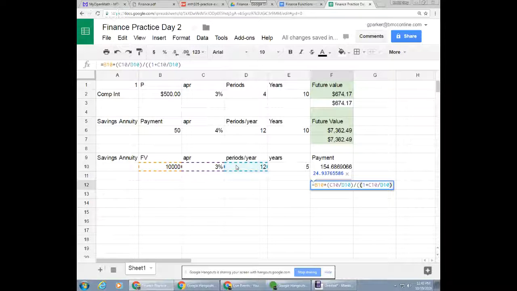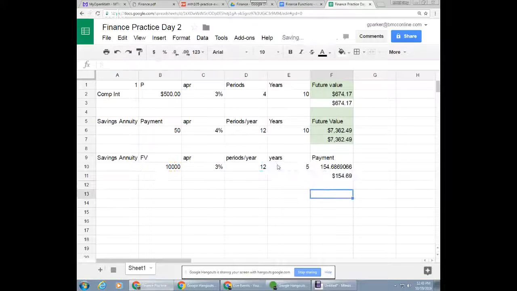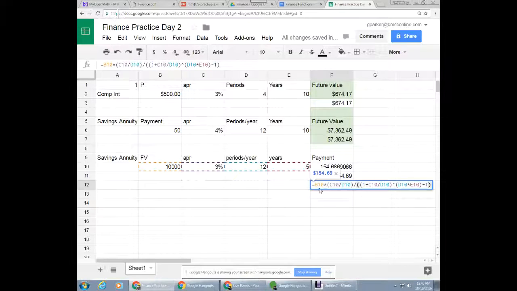Close that, raise it to the power, parentheses, because it's a calculation, 12 times 5, which I click on the screen to get. Close it, subtract 1, close the denominator, and then I finally get an answer, which I could tell the computer to format as dollars by clicking on it and then the dollar sign in the toolbar, and it gives me the answer.